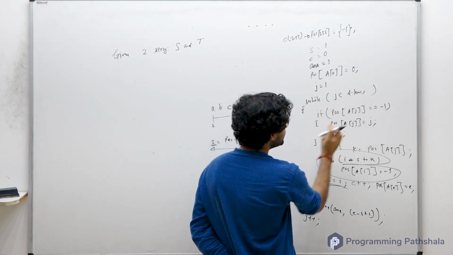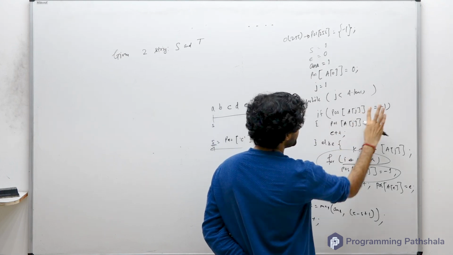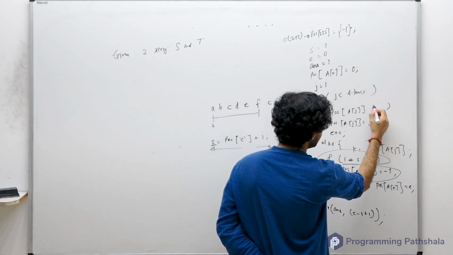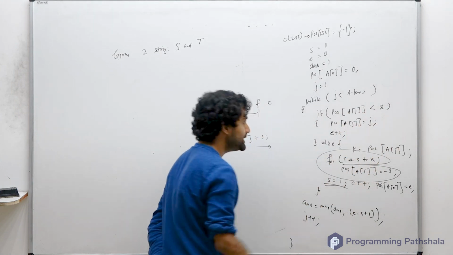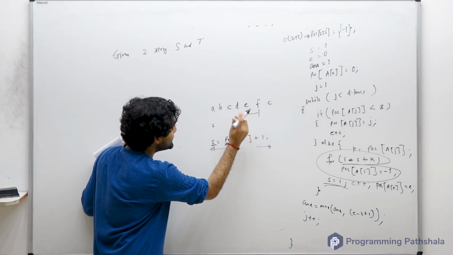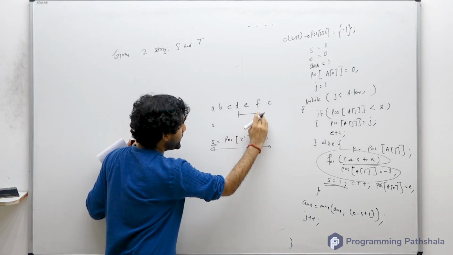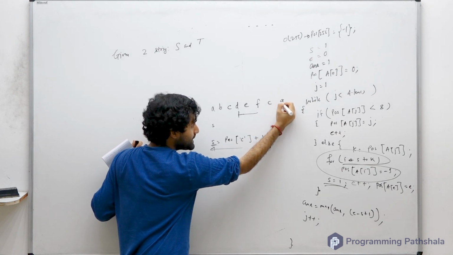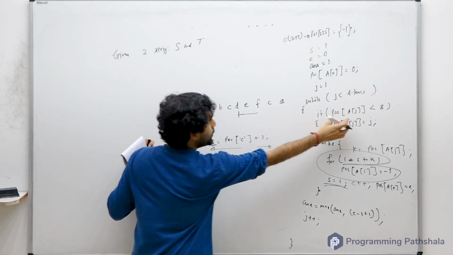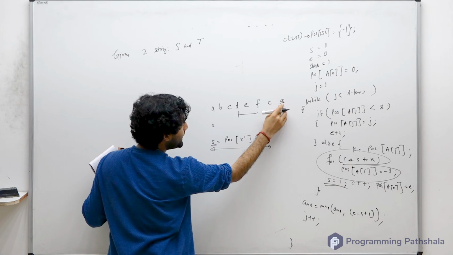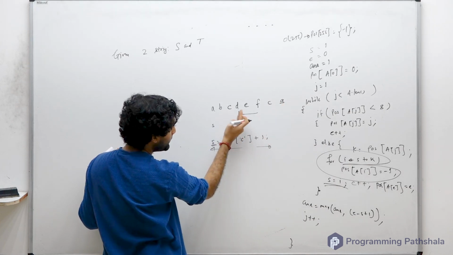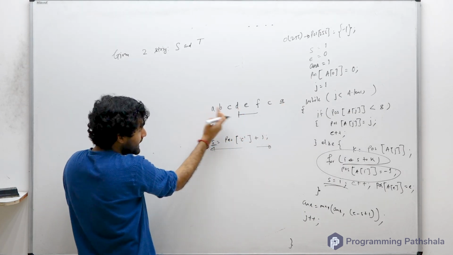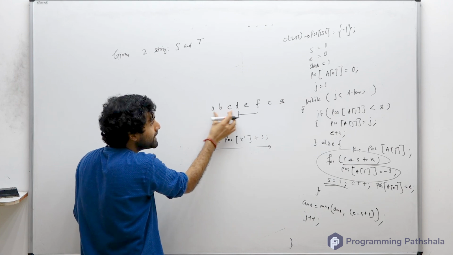If you see that position of A[j] is smaller than S, then do this thing. Now if your S came over here, okay, now let's say an A comes at some point of time, you will check the position of A and you will definitely find that the position of A, whatever it is, is smaller than S. If it is smaller than S, that means it is not a part of window.